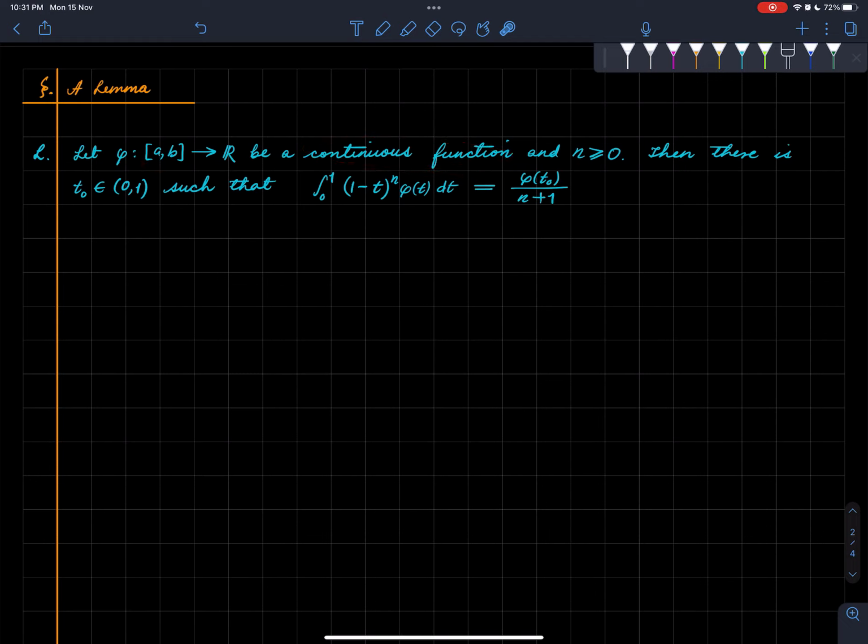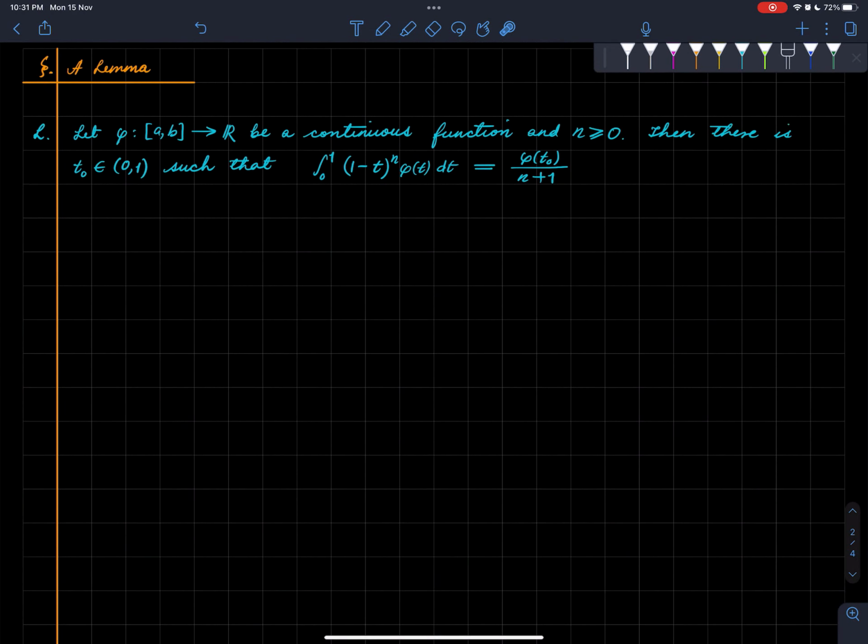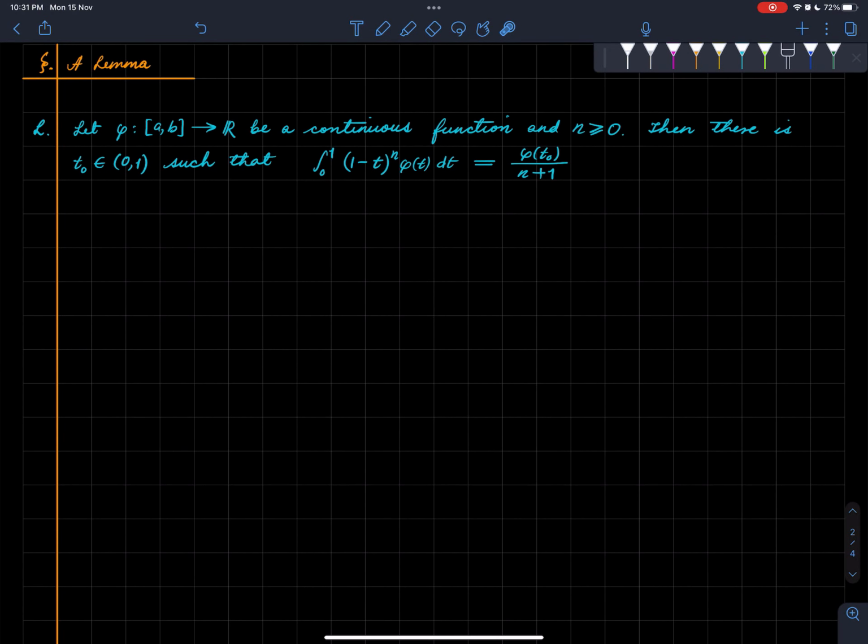The claim is that there is some t0 strictly between 0 and 1 such that this integral, the kind of integral appearing on the previous page, is equal to that value. So there is some hint as to where this is going. Okay, let's prove it. The proof will elucidate what's going on.